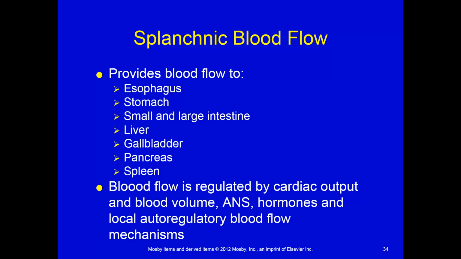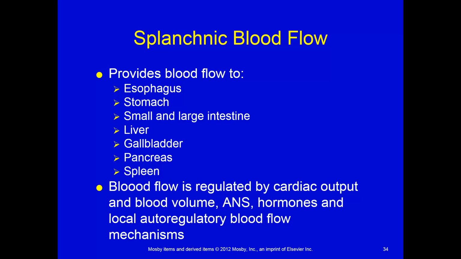But what I want to be clear to you before we end today is something called splanchnic blood flow. This is the circulatory system. This is the flow of blood from all of those GI organs that we've talked about already: esophagus, stomach, small intestine, and then also the accessory organs. When you hear the term splanchnic blood flow, I want you to think it's the circulation of blood to all of those GI organs, and then the blood from those GI organs back up to the heart.